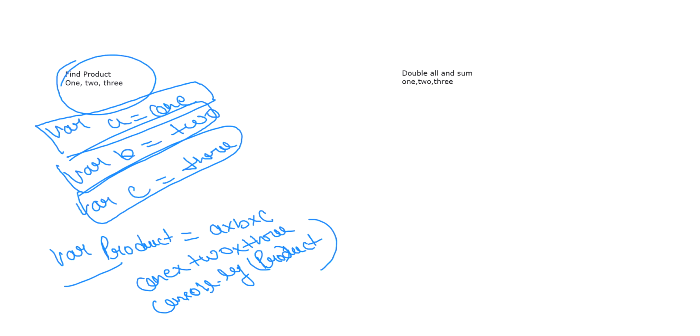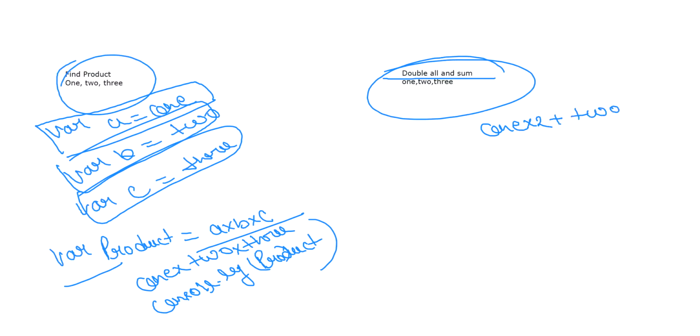Now the third one is double all and sum. It means you find 1 into 2 plus, because our question is double all and sum, 2 into 2 plus 3 into 3.